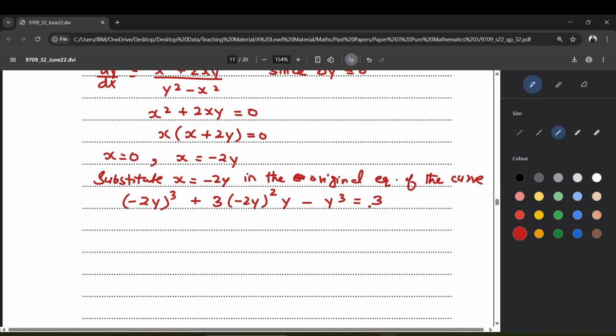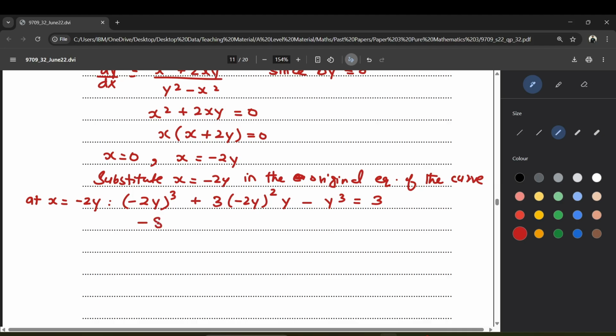All right, so let's see. Here we are trying to find the value of y, right? So what we are trying to find is, at x equal to minus 2y, what will be the value of y?